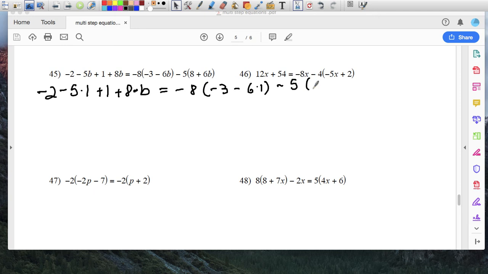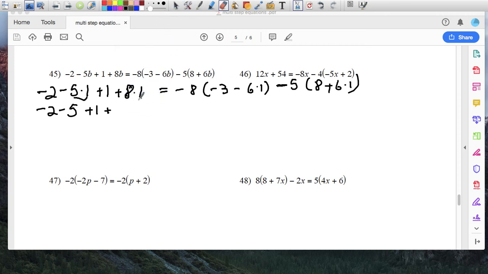And I'll talk about that in a second. So I think I substituted those correctly. Order of operations. First thing I do is multiply these two. Negative times a positive is a negative 5. Plus 1 plus, and this shouldn't be a b, should be 1, right?